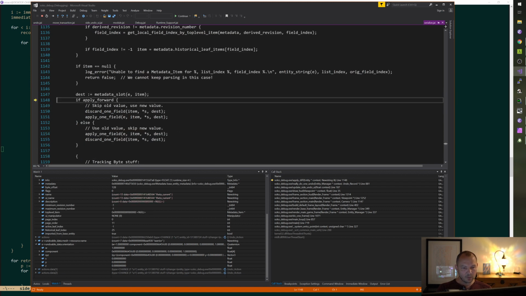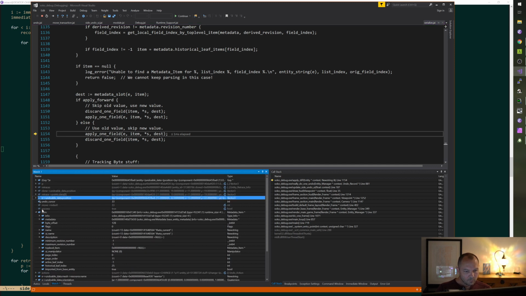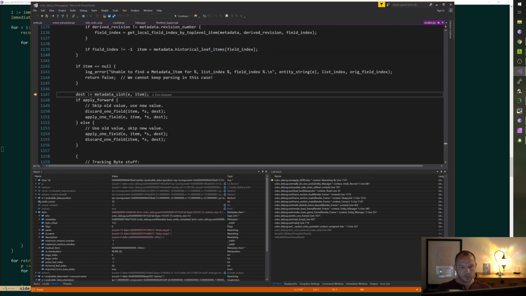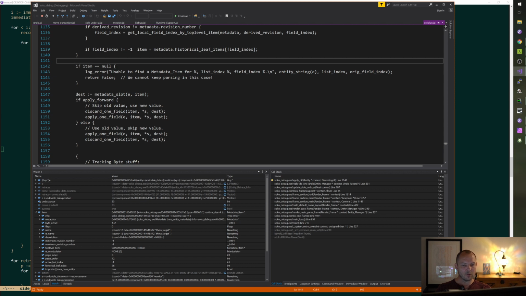So much data being saved. Item. Theta current. And then theta target. There's so much data in this.